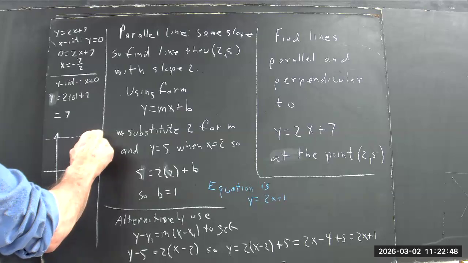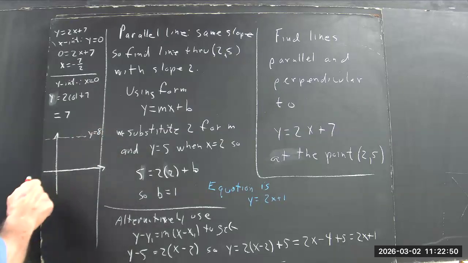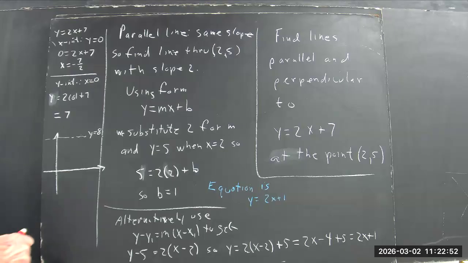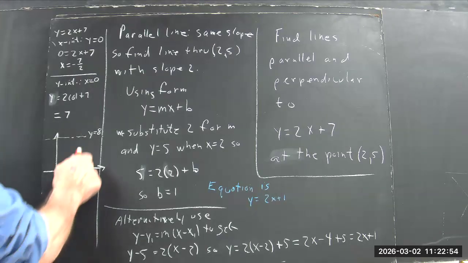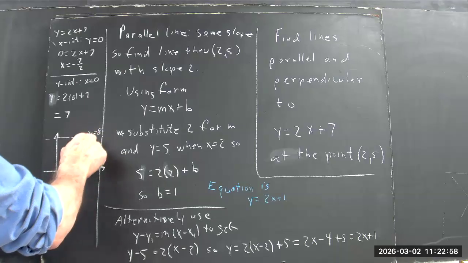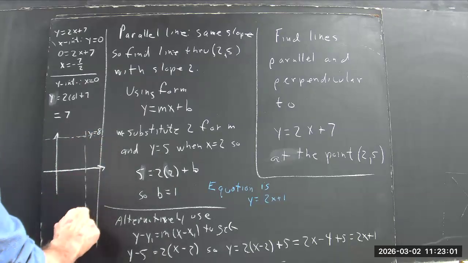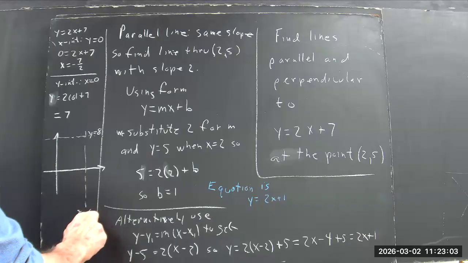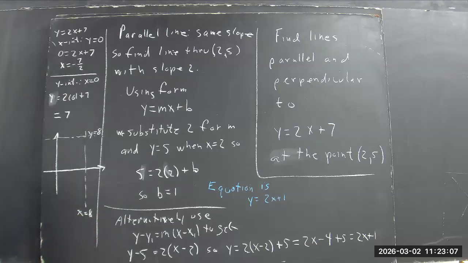Put the line y equals 8 up kind of high on the y-axis. And with the slope being 2, there's no reason I can't go ahead and put the line x equals 8 here. Now you don't have to line off your graphs the way I do, but it's very convenient.